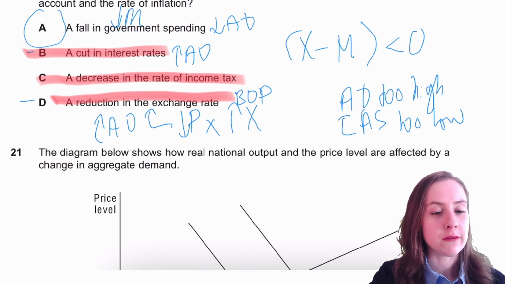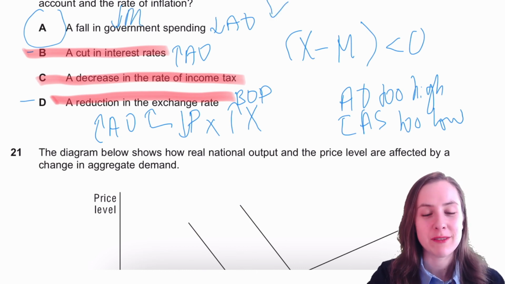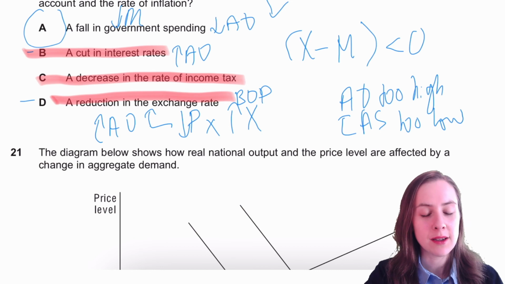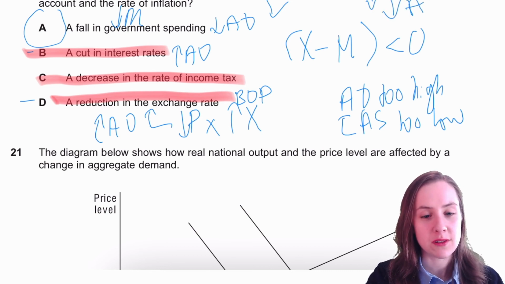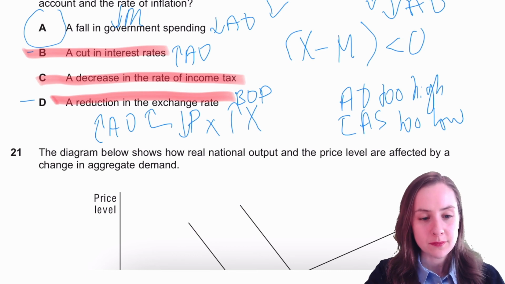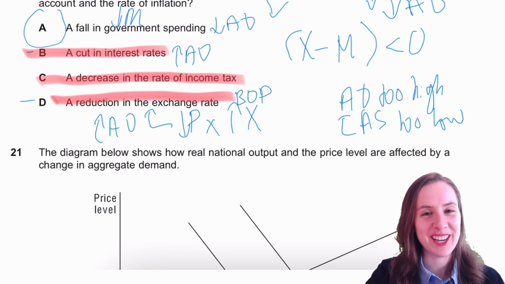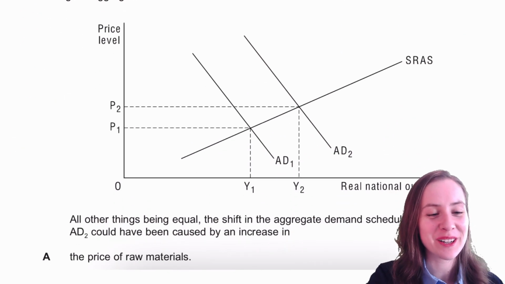So M is going to fall, and that's going to help reduce the balance of payments deficit. And then at the same time, it's going to reduce inflation because that's reduced AD. Yes, I'm just double checking myself.